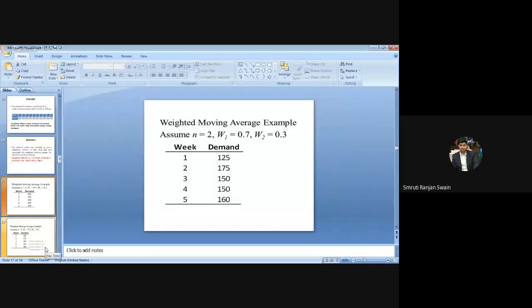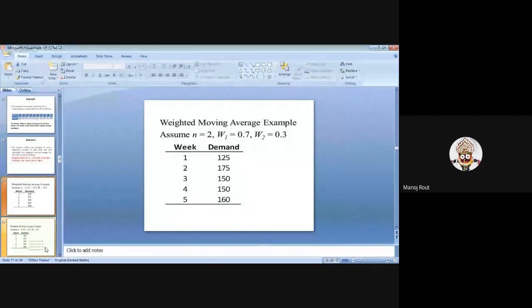Here you have to calculate each forecast, clear? It is not mentioned here whether to forecast for the 6th period or the 7th period. By using this value, you can first forecast the third week, because only 2 weeks of data are available previously.